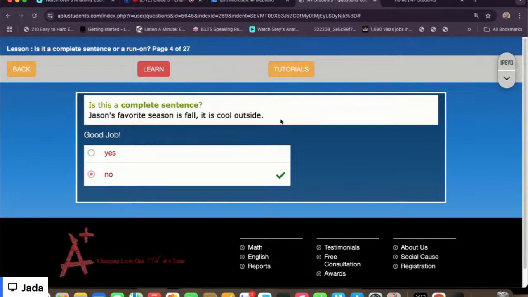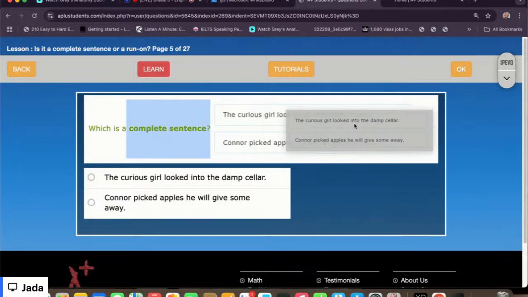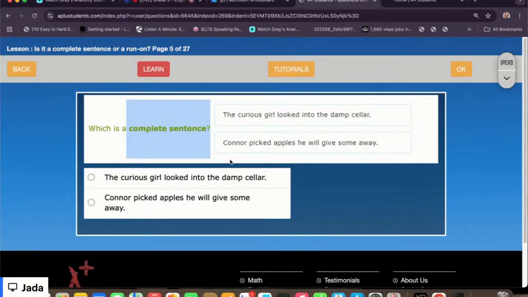No, this is a run-on sentence. Okay? So look at this one, which is a complete sentence. "The curious girl looked into the damp cellar." "Conan picked apples. He will give some away." So what's the complete sentence here? Is it A or B? So one or two. Which one is the correct one?